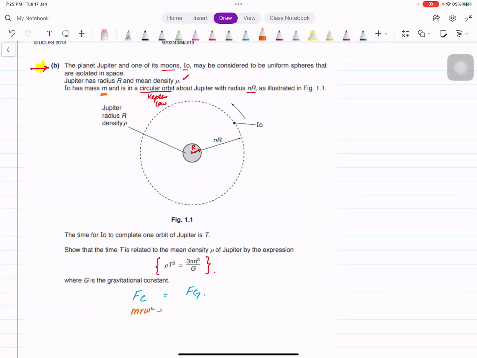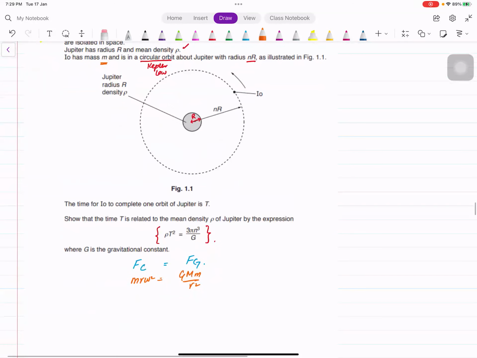m R omega squared equals G M m over R squared. Now I'll put it. So m is the mass of Io. The radius of the orbit is nR and omega squared. Everybody understands this? Should I go forward? Yes, sir. Then GM, where M is the mass of Jupiter and small m is Io, over nR whole squared.